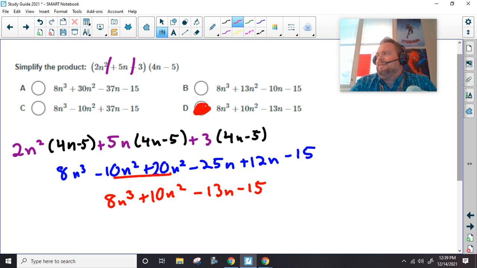I don't think for this class I have as many people that do the box method as I do for the other one. But the big question I normally get on the finals is, wait, I remember there's a way to do this, but I can't remember it.